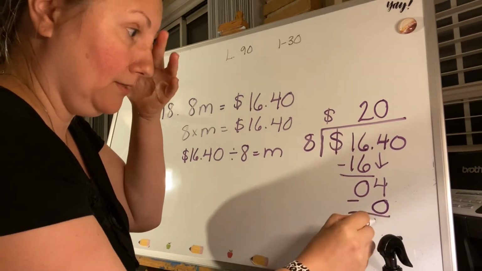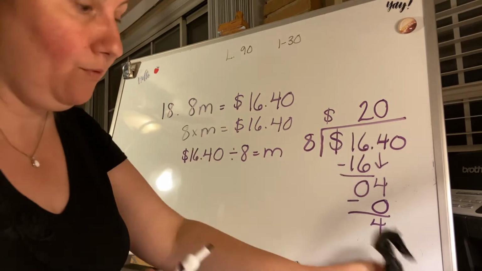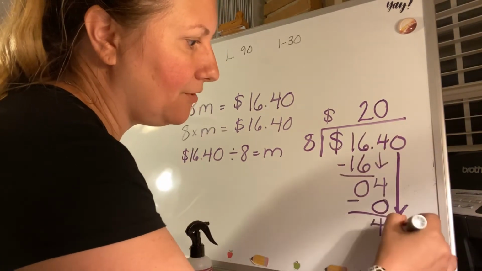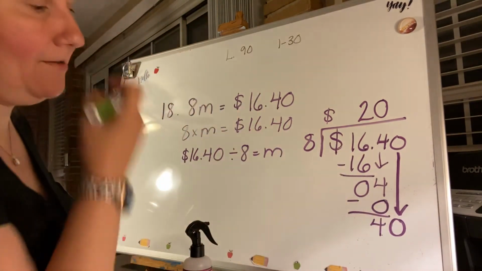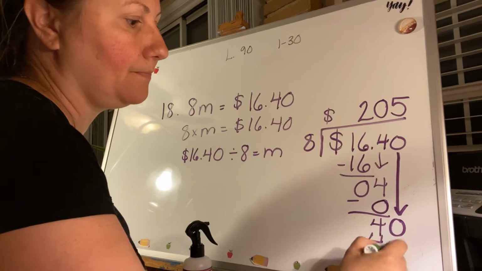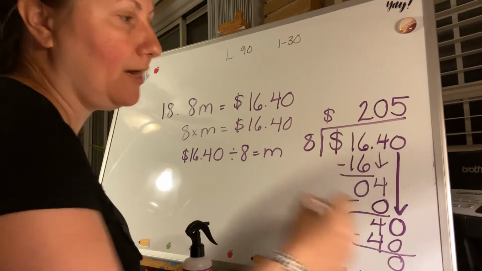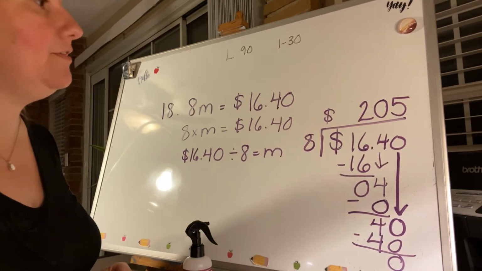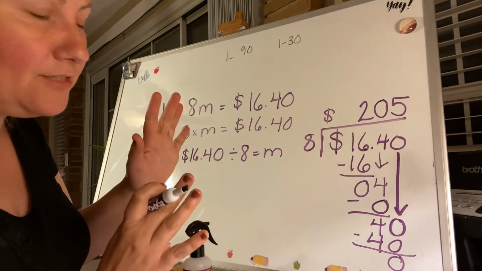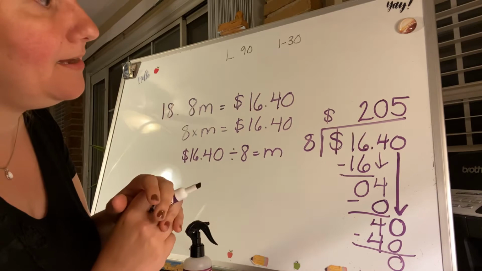And we're going to bring down that 4 as the remainder. But look, there is a 0 here. We can bring down. 8 times 5 is 40. And we subtract, and we have nothing left. So the answer looks like 205, but is it?